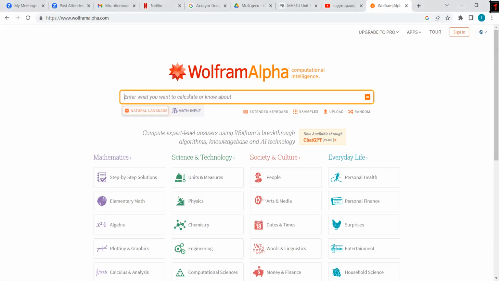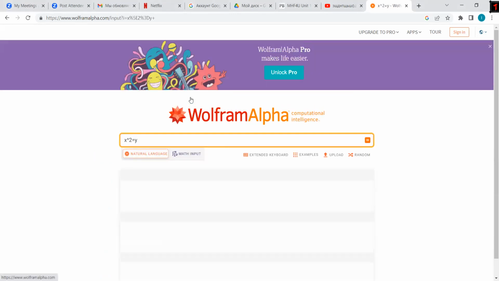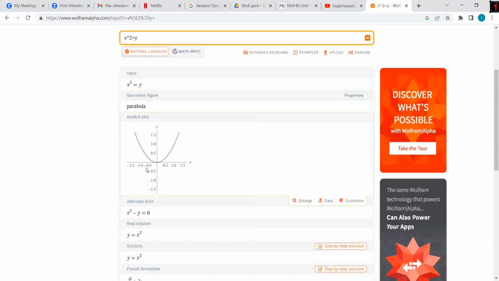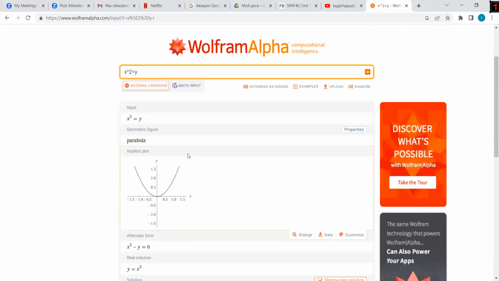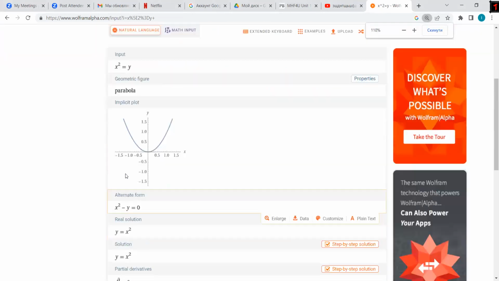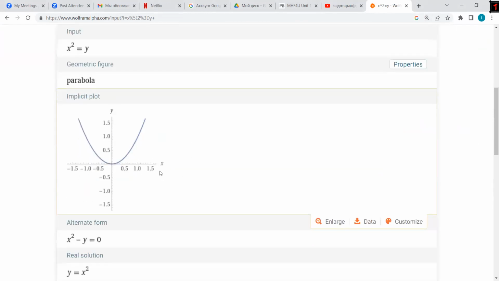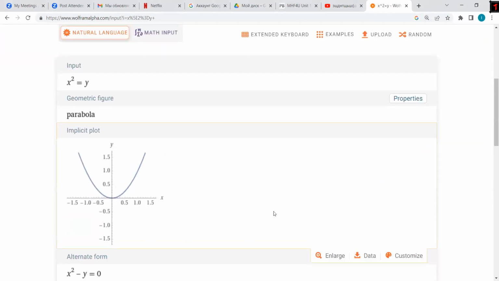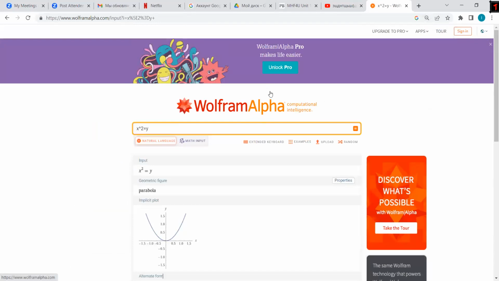Here you just type in the function you would like to plot, and this software is going to give you some additional information about it, as well as a graph of this function. This is widely known and used software, so please get familiarized with it. It will be helpful for your future studies.